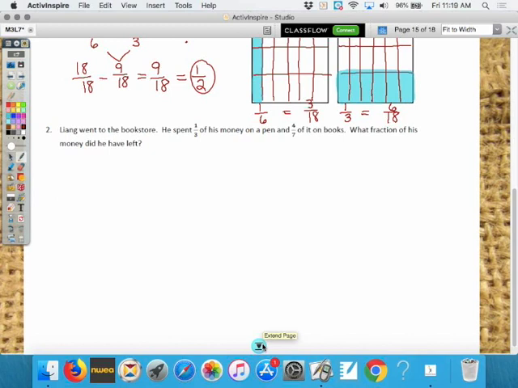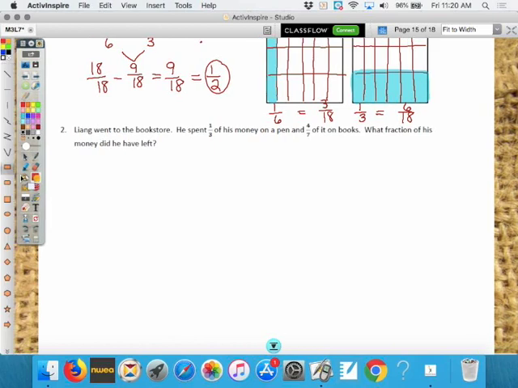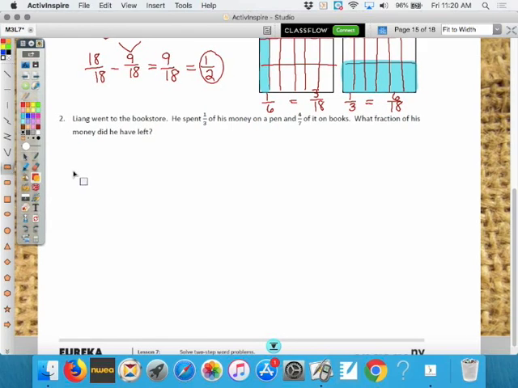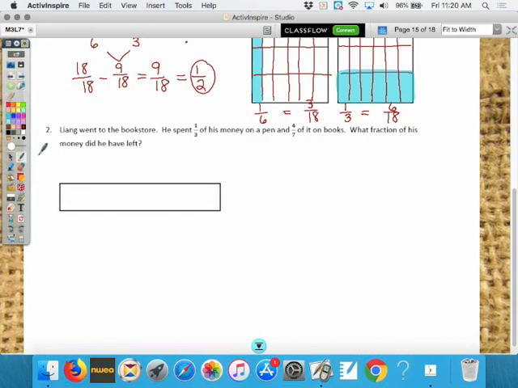Went to the bookstore. He spent 1/3 of his money on a pen and 4/7 of it on books. What fraction of his money did he have left? Is this the same type of tape diagram? Yes, it is. So the total here, when you go somewhere to buy something, is all your money, right?